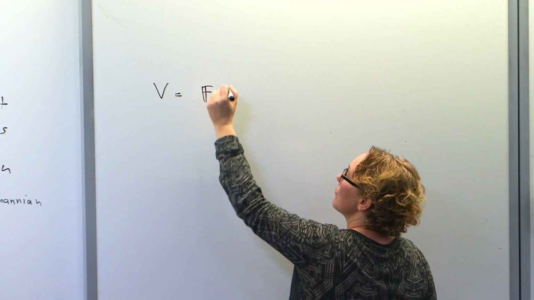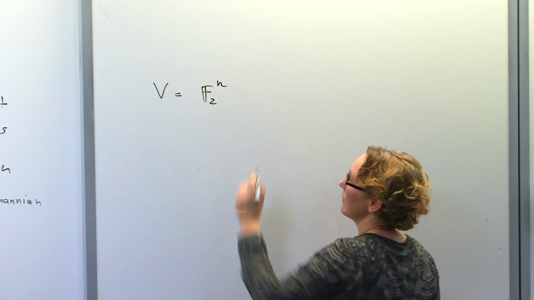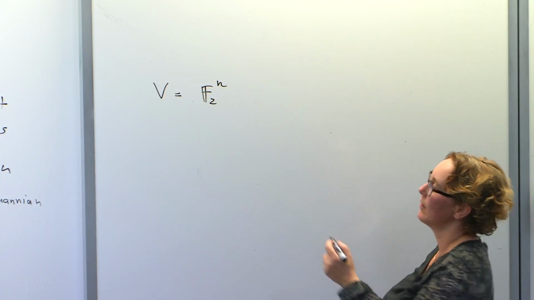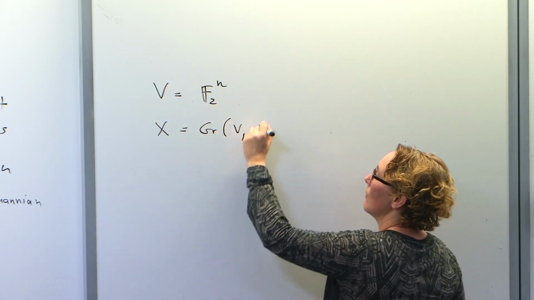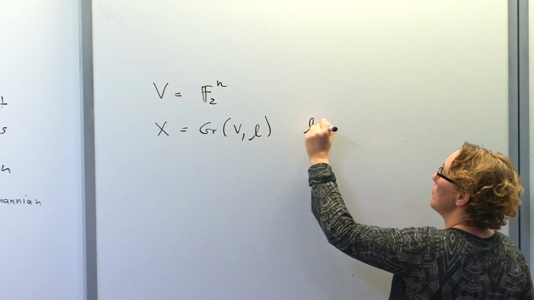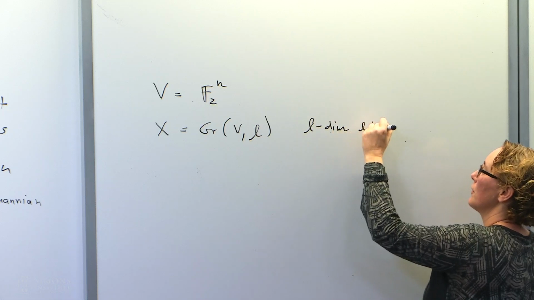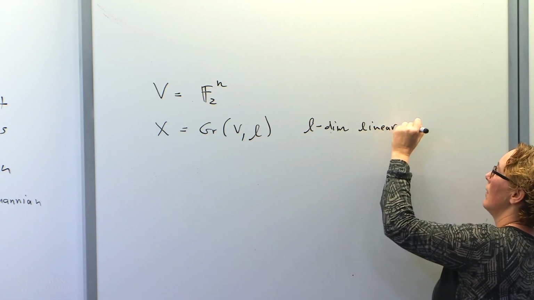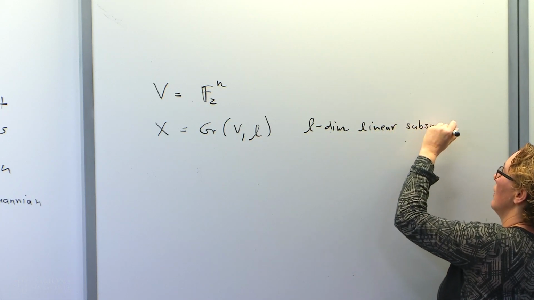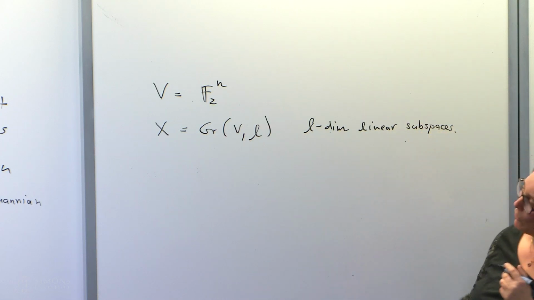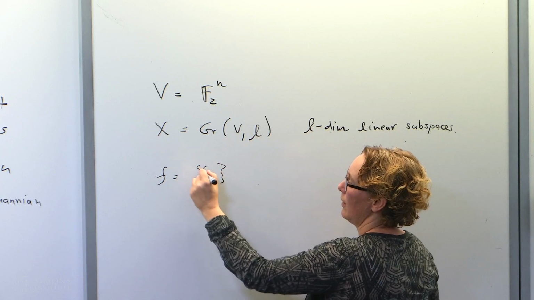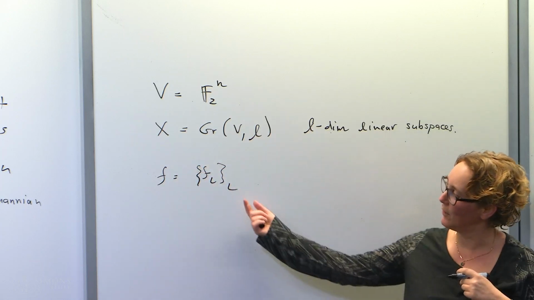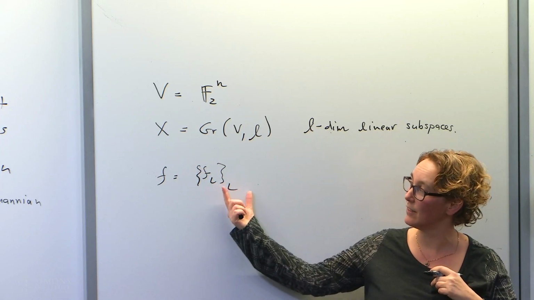Here my universe will be just F2 to the n, and my collection of subsets will be all L-dimensional linear subspaces. And my local functions, now I'll call them L because they're subspaces instead of S's.